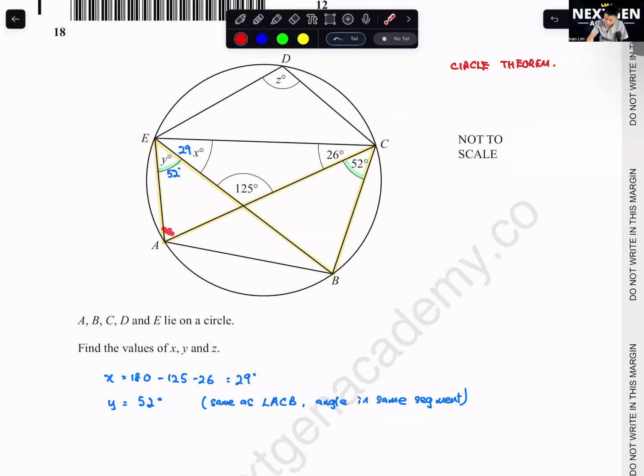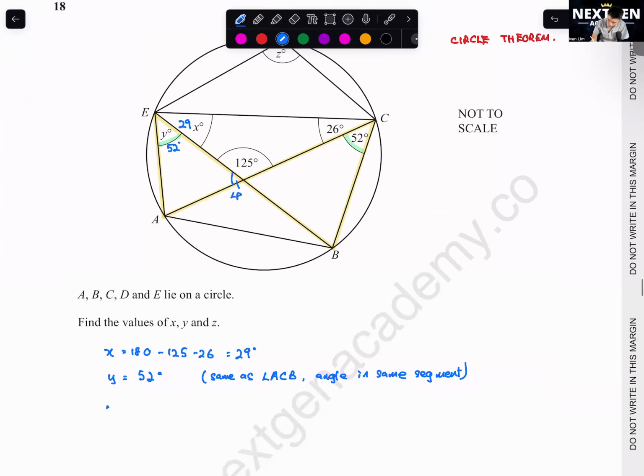Let's find this angle, angle EAC. I will find this little angle here first, which will be 55 degrees. There's no name here, but maybe we can give it a letter. We say this is angle P. Angle P equals 180 minus 125, 55 degrees.